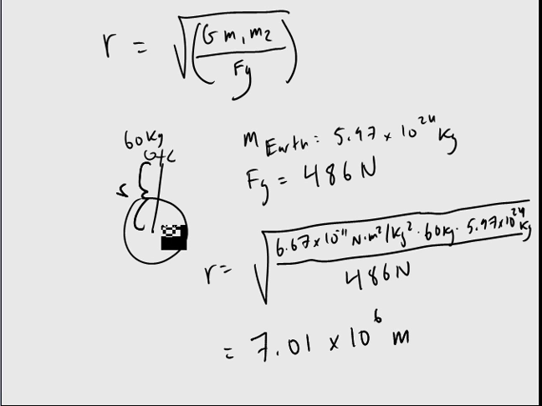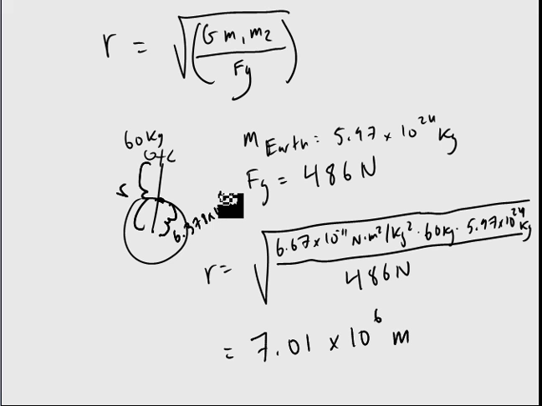Now if I put another wrinkle into this question, and instead of just asking you for the distance, I asked you, how far above the Earth's surface are you? We would have to do one more thing. We know that this whole thing is 7.01 times 10 to the 6 meters, but this distance here is 6.378 times 10 to the 6 meters.